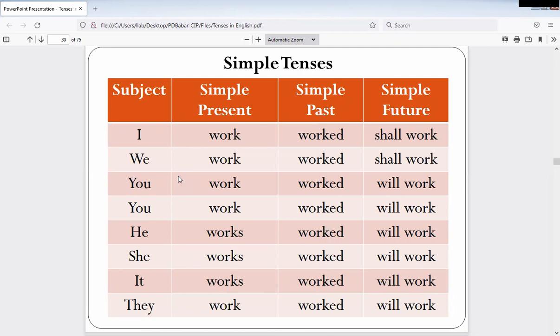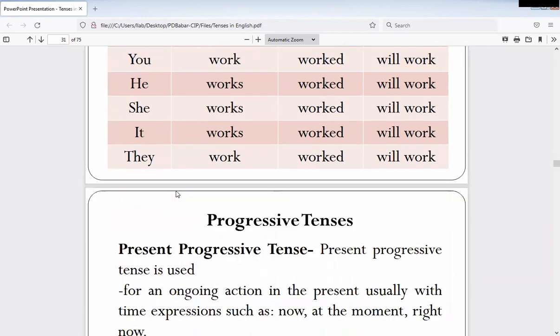Okay, I hope that you have written down this chart in your notebook. So I will proceed further.